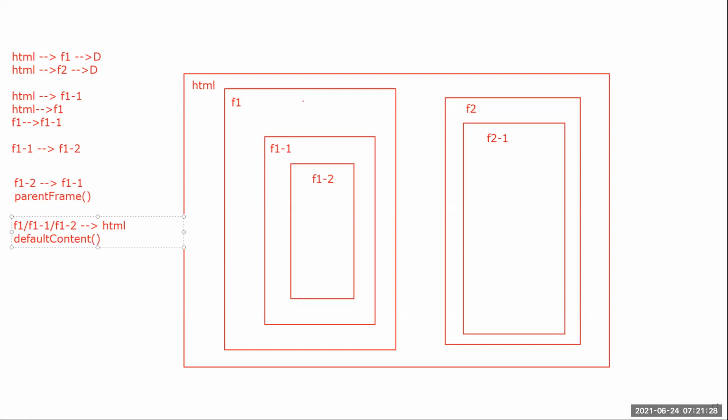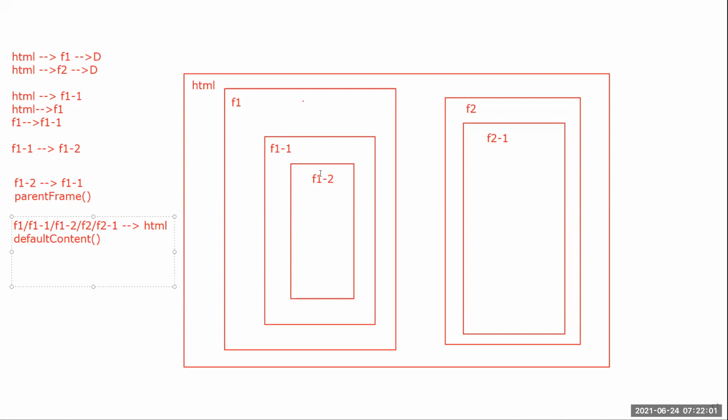We have to use this method. If we want to move from any of these child frames, either from F1 or F2 or F21, to HTML, let us assume that we are in any of these frames and you want to move to HTML, then we can use the defaultContent method.